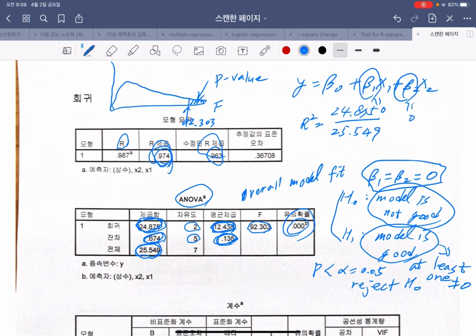There is no relationship between independent variables and the dependent variable. So there is no need to use independent variables to predict y. And the alternative hypothesis is that at least one is not equal to zero.